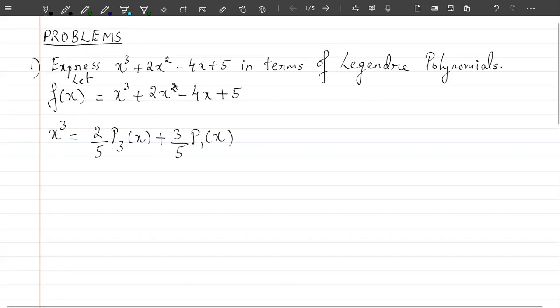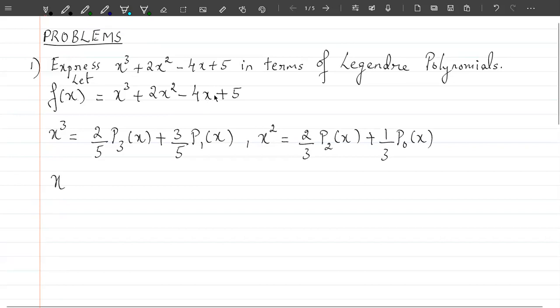Then the next formula which you will need here is for x square. How do you write x square in terms of Legendre polynomials? X square is equal to 2 by 3 p2 of x plus 1 by 3 p0 of x. Then the next term here is minus 4x.